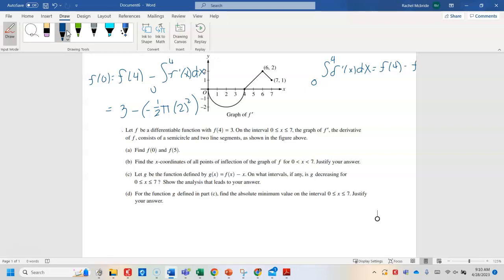So it's a semicircle of radius 2, so 2 squared is 4. 4 divided by 2 is 2. Then you have minus minus, so we get 3 plus 5.